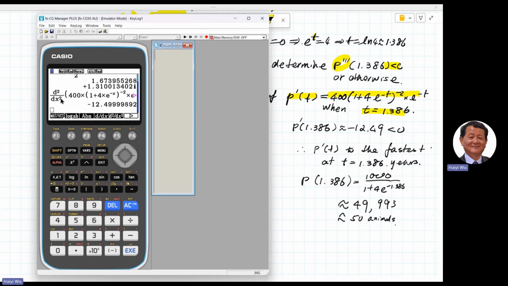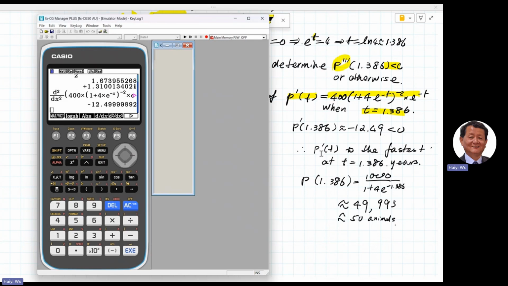When you press F5, you put those functions in, so you can see what I did. When I plug in t equals 1.38, the answer is negative 12.49. So that's negative.